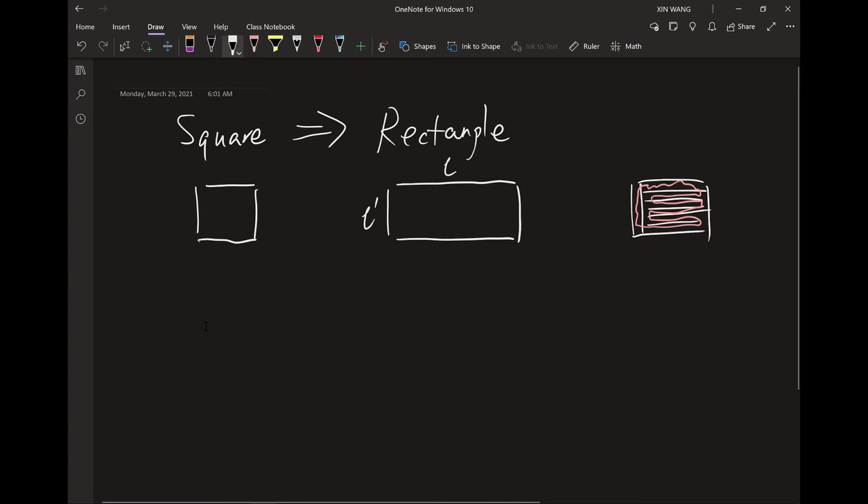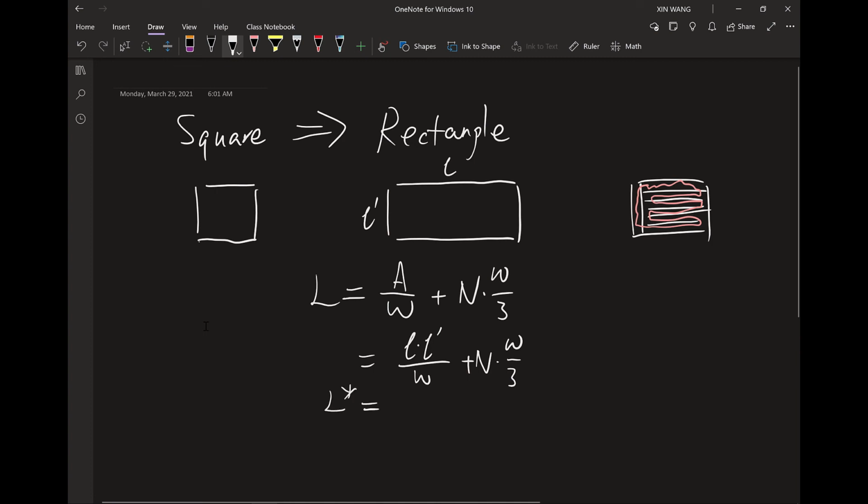Remember, if we can decompose it into swaths, the distance equals the longitudinal distance plus the transversal distance. Here the area becomes L times L prime. To achieve the optimum solution, we know that this is equal to the expression when we choose our width of the swath.